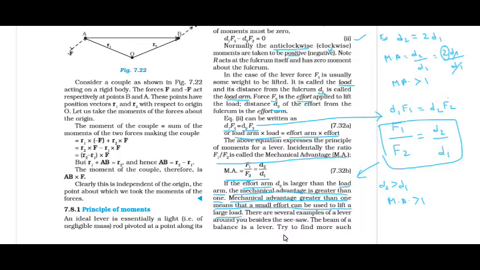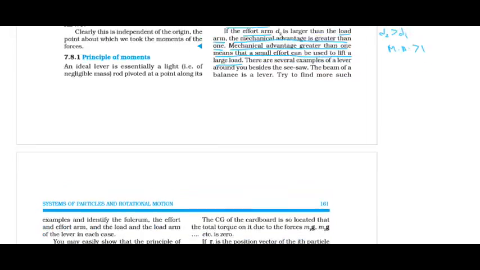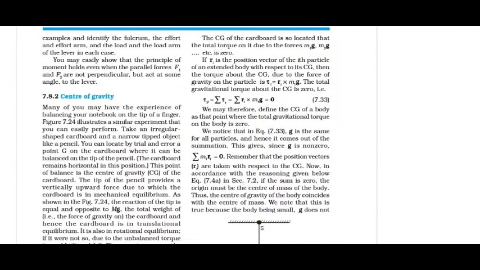Try to find out more such examples and identify the fulcrum, the effort arm and load arm of the lever in each case. You may easily show the principle of moments holds even when the parallel forces F1 and F2 are not perpendicular but act at the same angle to the lever.